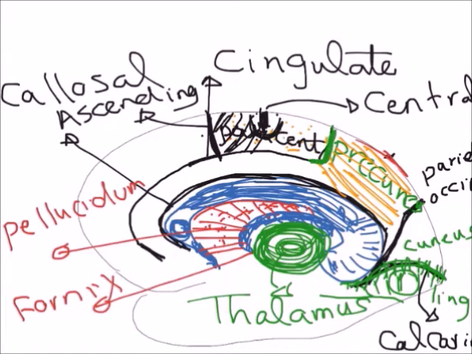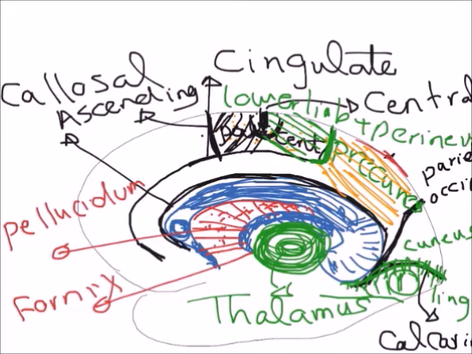And posterior to the central sulcus, this area is part of the sensory area of the body, which is also for the lower limb and perineum. So this area is for the lower limbs and perineum, and this area is very important as it's called the paracentral lobule.